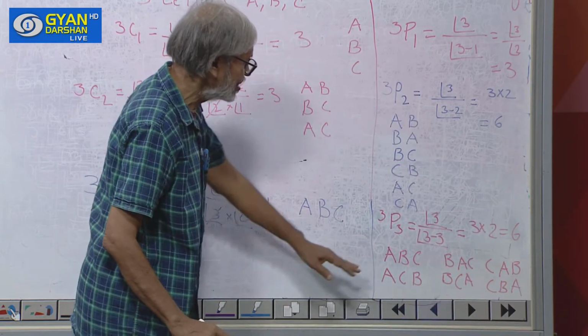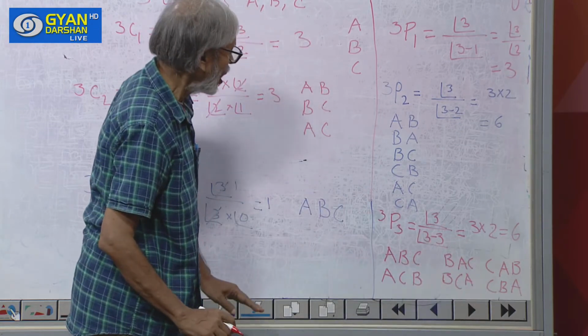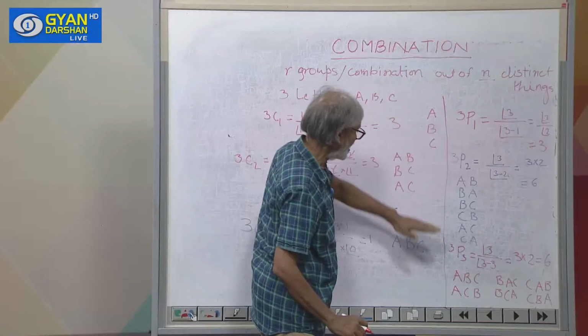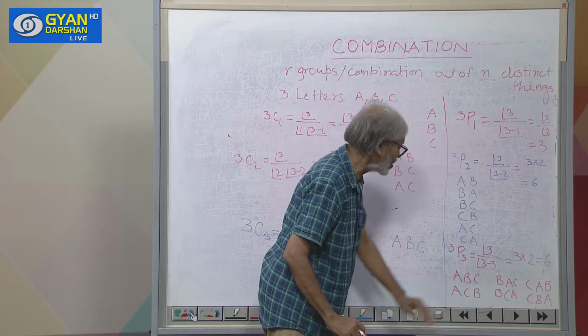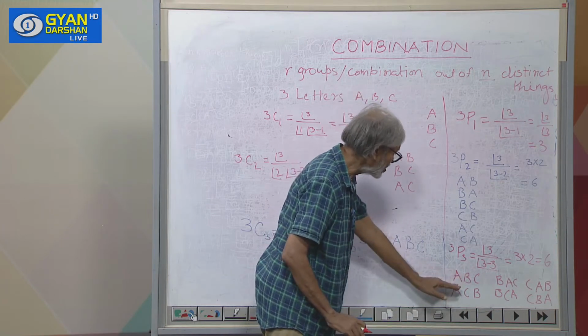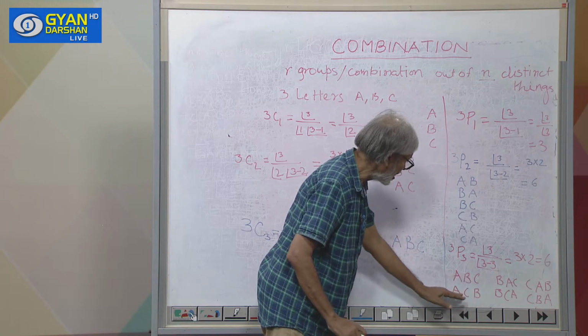So, friends, you can see here that there are 6 permutations possible out of these 3 letters taken 3 at a time, because order is important here. A is coming first, and here B is coming next, and C last.